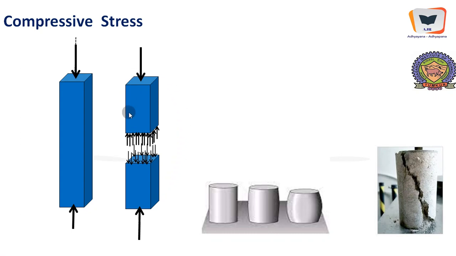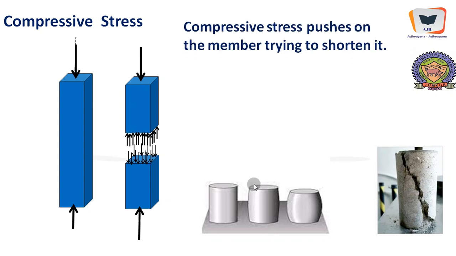As long as this particular component is capable of sustaining the applied compressive force. Here also there are two kinds of failures depending on the material out of which the component is made, ductile or brittle. For a ductile material, compressive stress pushes on the member trying to shorten it.